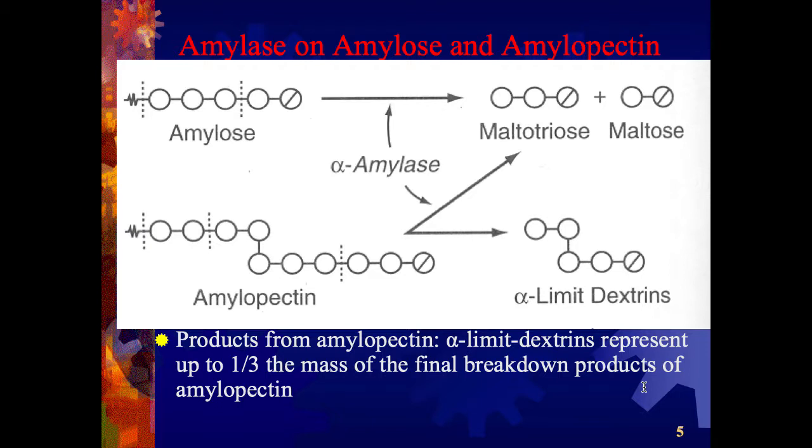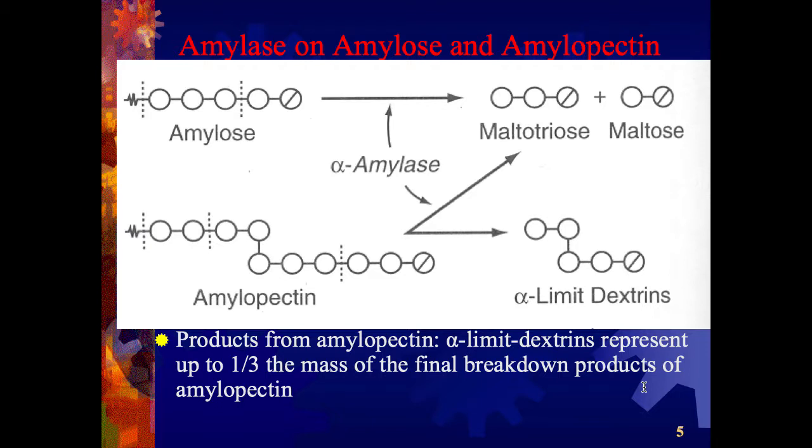It can bind here, it can bind here, but it can't bind across that alpha 1 to 6, which means it can digest close to that, but it's going to tend to leave these molecules that look like this. 5 glucose molecules with alpha 1 to 4 and alpha 1 to 6. That's alpha dextrins. So you end up with a lot of that. Products from amylopectin, such as alpha limit dextrins, represent up to 1/3 of the mass of the final breakdown products of amylopectin. All right, remember this is phase 1.